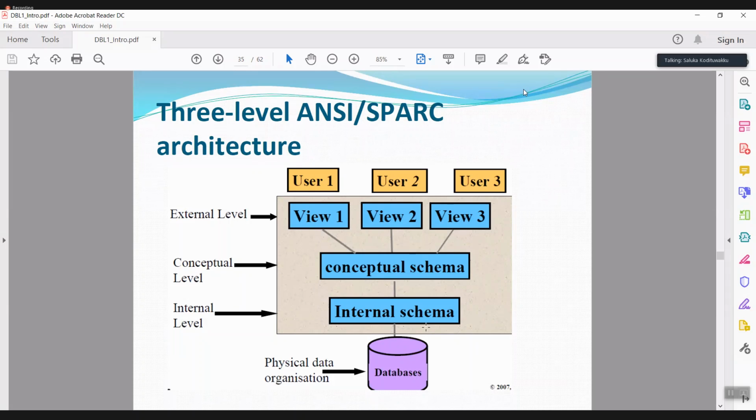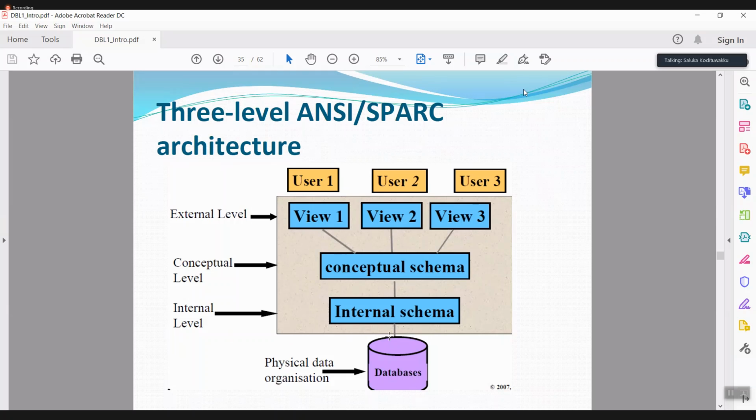The conceptual schema is the database logic we talk about. That is where we explain what pieces of data we store, how they relate to each other, whether there are any restrictions in accessing them, and all those things are in the conceptual schema.